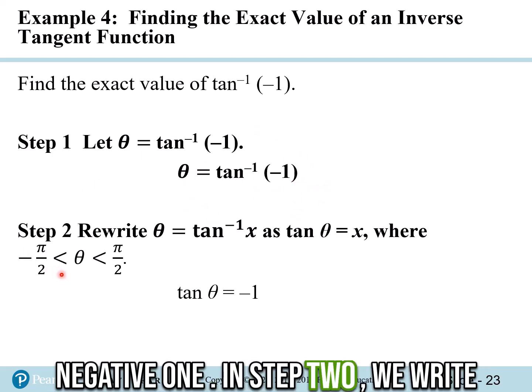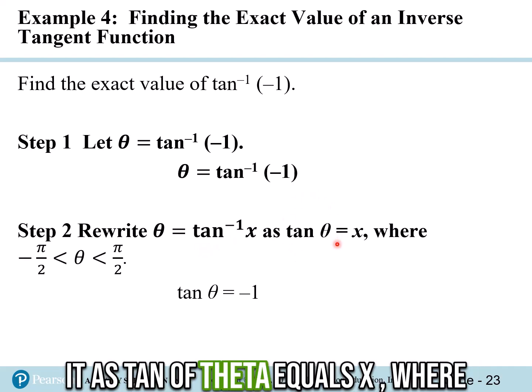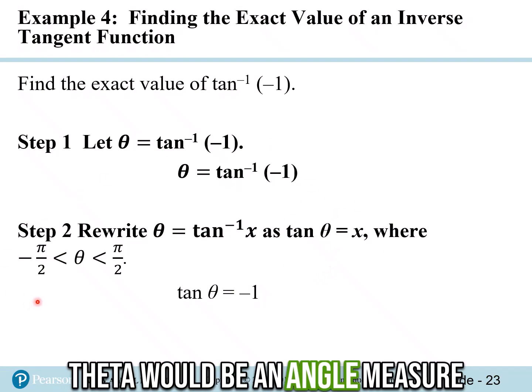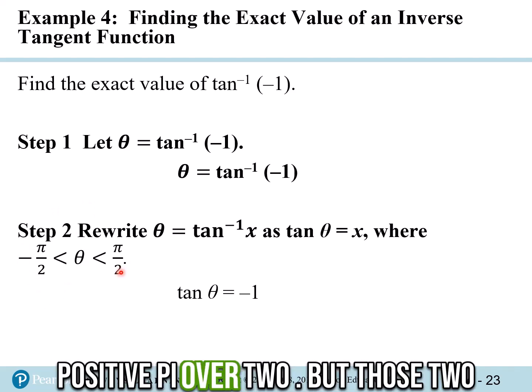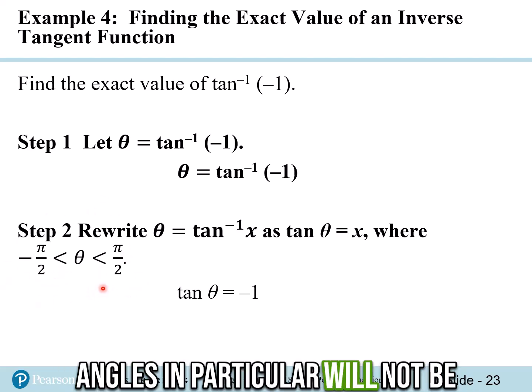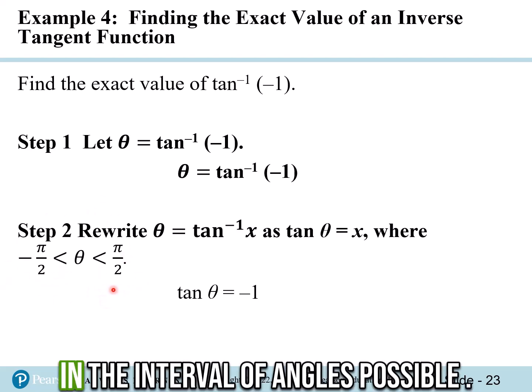In step 2, we write it as tan of theta equals x, where theta would be an angle measure between negative pi over 2 and positive pi over 2, but those two angles in particular will not be included in the interval of angles possible.